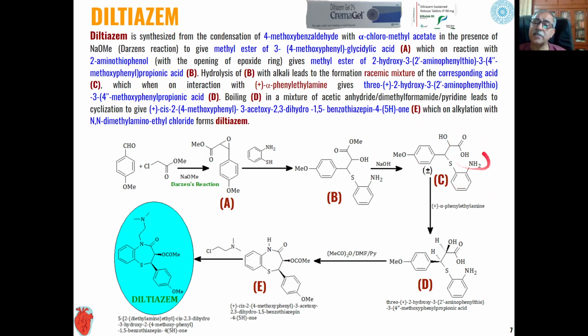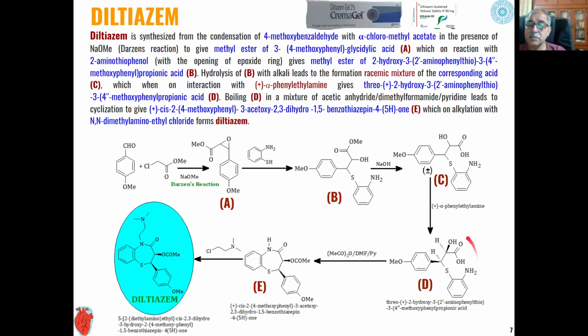So when this carboxylic acid is treated with alpha-phenylethylamine, this gives us threo-plus-2-hydroxy-3-(2-aminophenyl)thio-3-(4-methoxyphenyl)propionic acid. You will see the structure of the compound is the same. The only thing is that the treatment with optically active phenylethylamine has resolved it into two enantiomers, and the plus enantiomer is useful for the synthesis of the drug diltiazem.